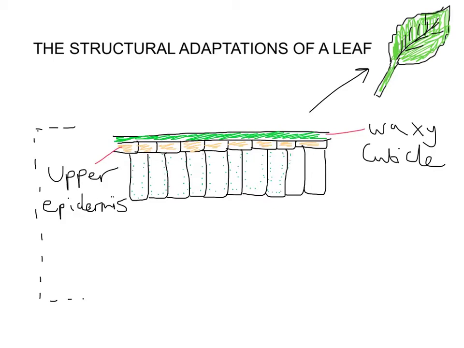Now here's a little bit of extra info for Key Stage 4. As well as having chlorophyll, there's something called accessory pigments. Examples include carotenoids and xanthophylls.